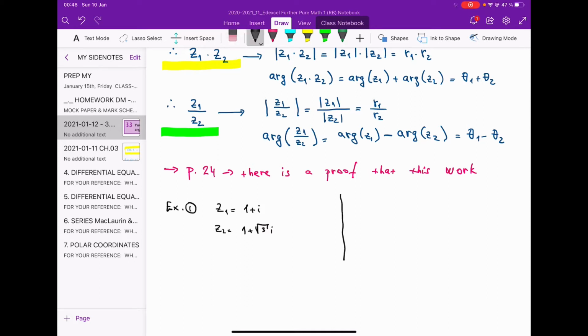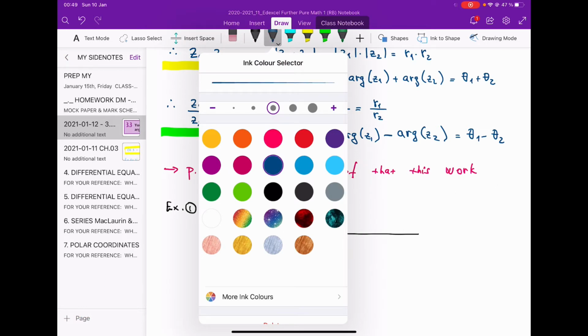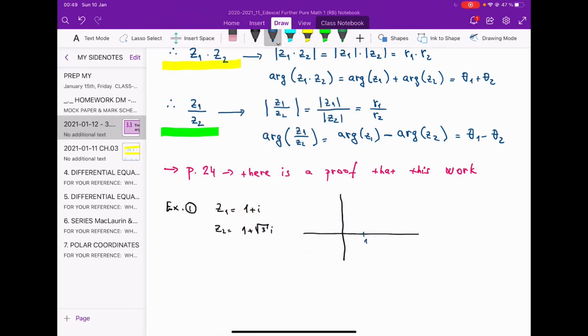When you imagine these complex numbers, z1 is at 1, 1, and 1 plus root of 3 i would be z2.